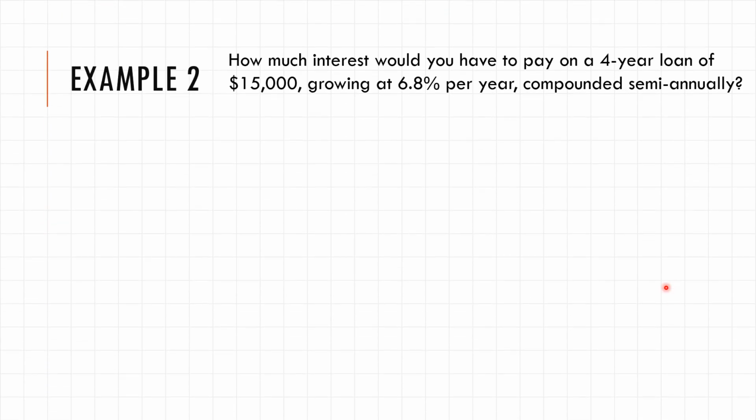What if you took a loan? How much interest would you pay on a 4-year loan of $15,000 if it grew at 6.8% per year and compounds semi-annually? Well, to find out the total interest, we need to know how much our loan is worth at the end of the 4 years. And then we have to subtract the amount that we borrowed to find out how much interest we're paying.